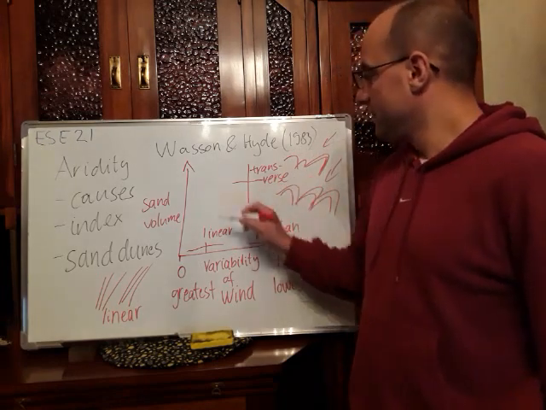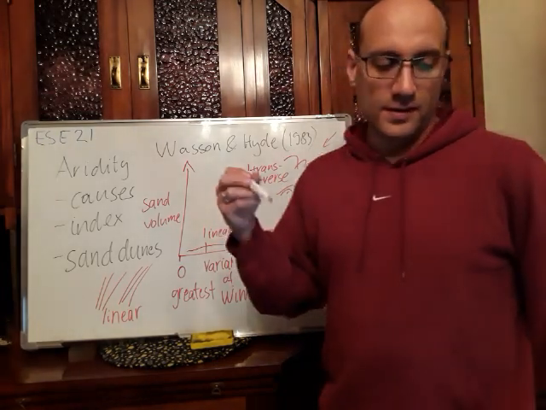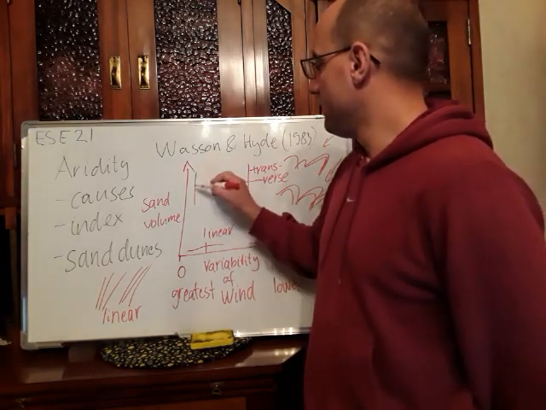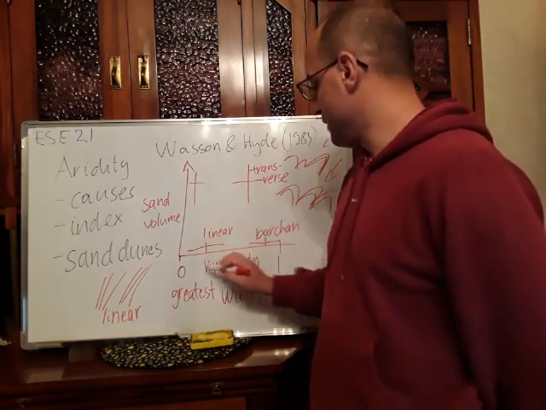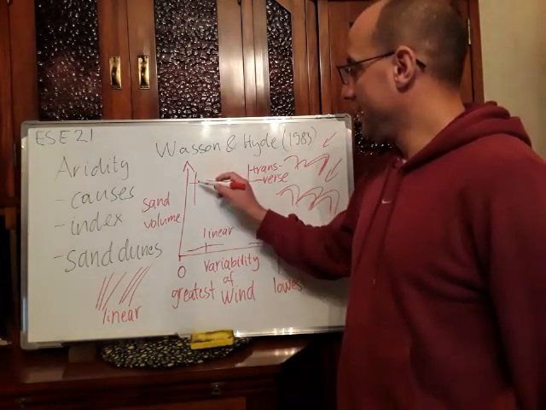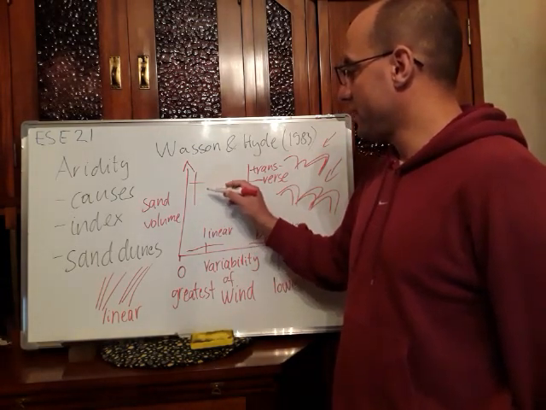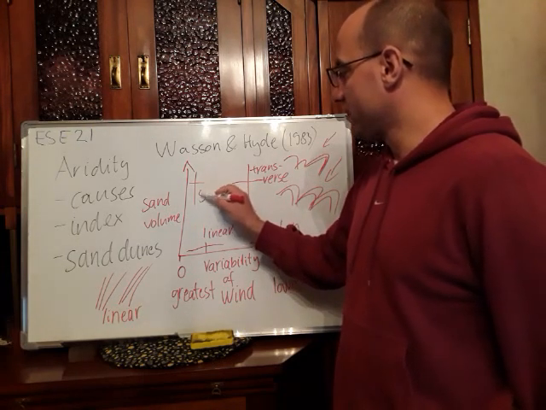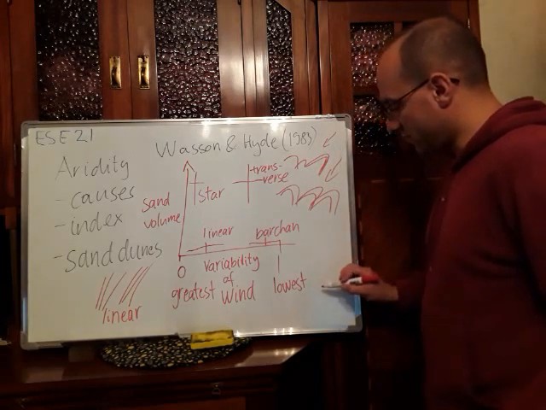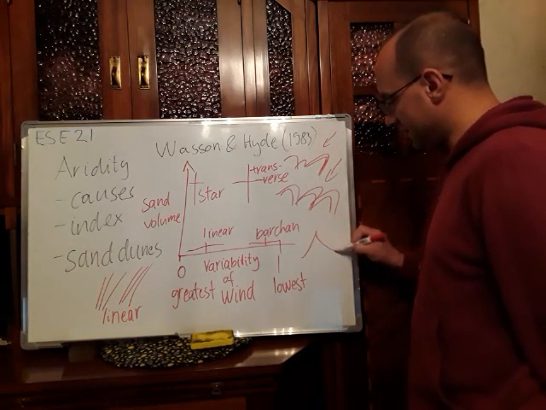And finally, we would have the sand dune that would have been developed by the largest variability of wind directions and the largest amount of sand, and that would be star dunes, as we call. So star dunes would be something like this.